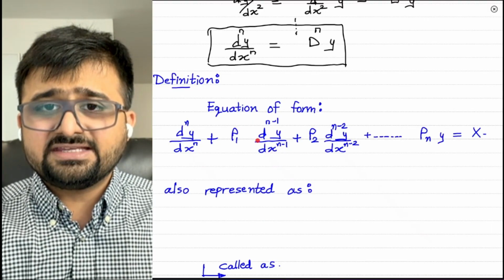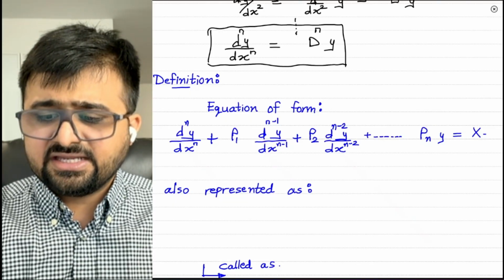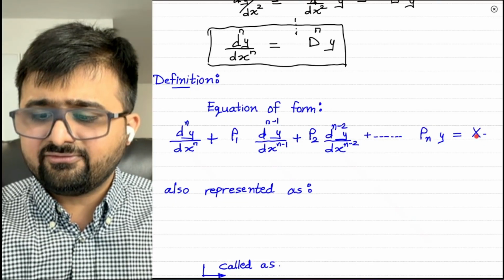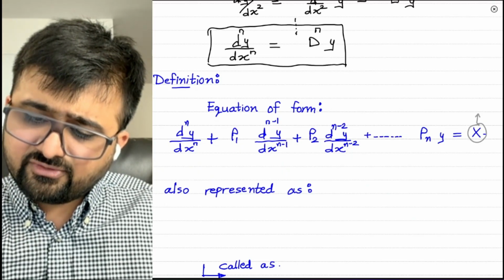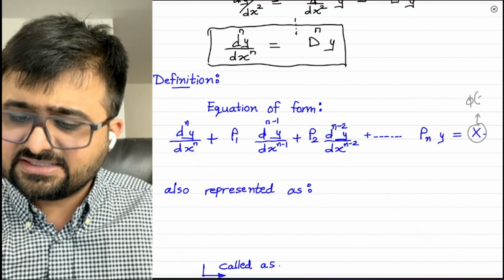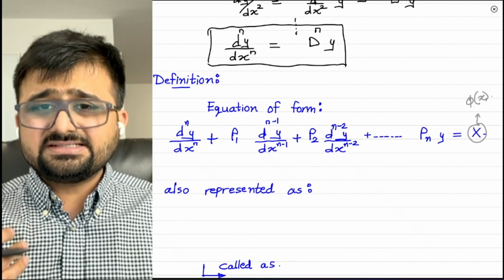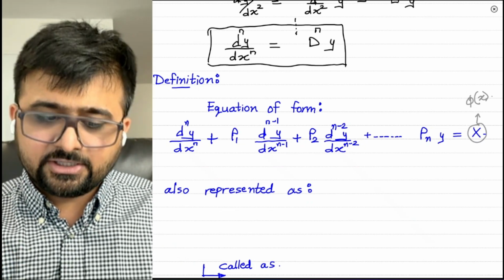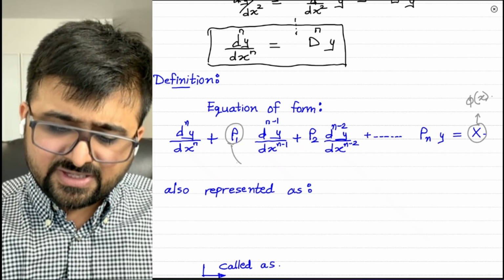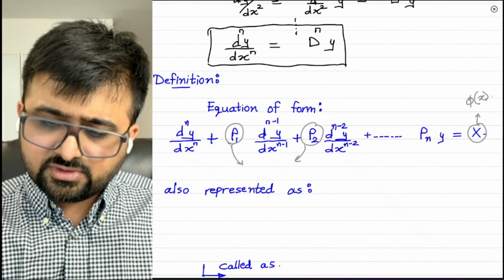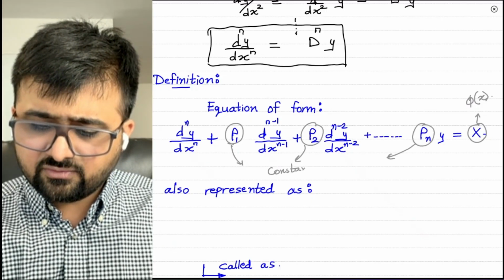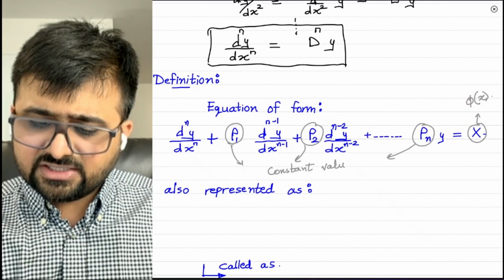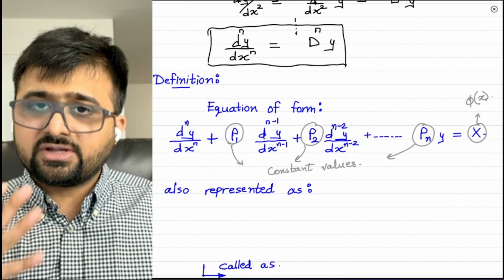So we have all these higher order derivative terms, and on the right hand side I have capital X, which is a function of x, let's say phi of x. Remember that p1, p2, all the way up to pn are constant values. They are not variable.